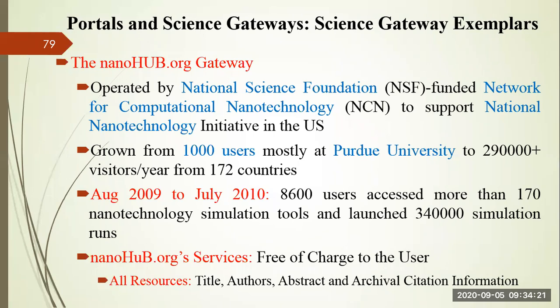Initially there were 1,000 users, mostly belonging to Purdue University, but after that they found 290,000 plus visitors per year from 172 countries participating in nanohub.org. From August 2009 to July 2010, in a year's span, 8,600 users accessed more than 170 nanotechnology simulation tools and launched 340,000 simulation runs.